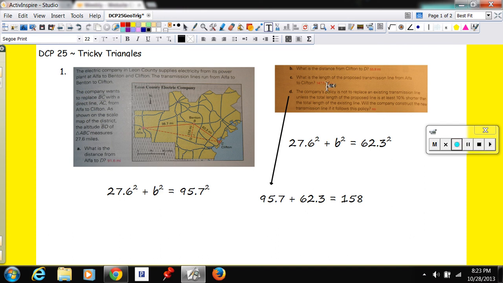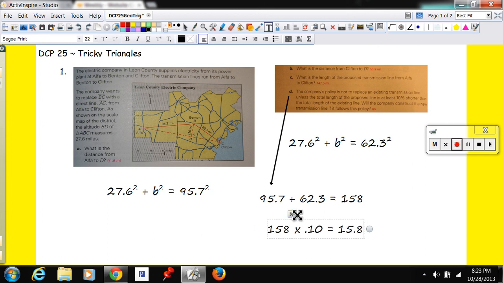They want to know, is the new amount at least 10% shorter than the old amount? So if I take 158 and multiply it by 0.10, that's going to give you 15.8. Just move the decimal over one place.